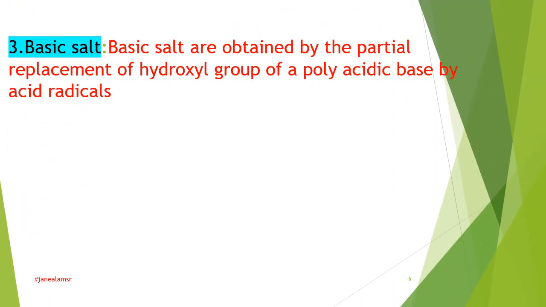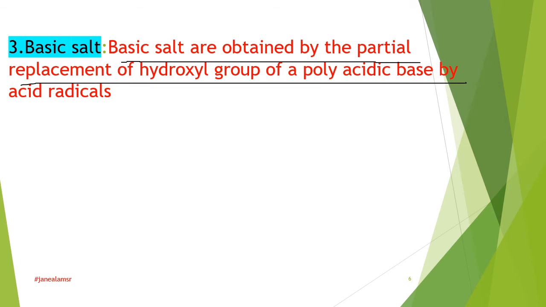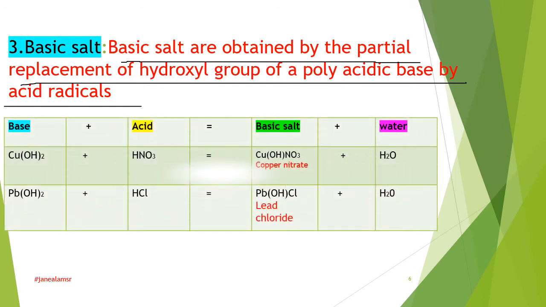What is basic salt? Basic salts are obtained by partial replacement of the hydroxyl group of a polyacidic base by acid radical. Here you can see the example. One example is Cu(OH)2, cupric copper hydroxide. It is a base having two OH, that means two hydroxyl groups.